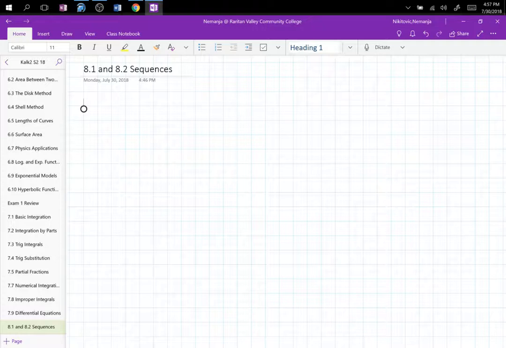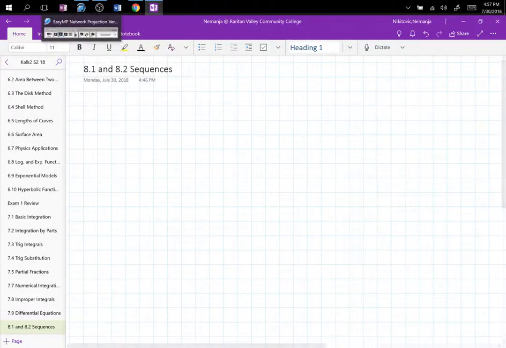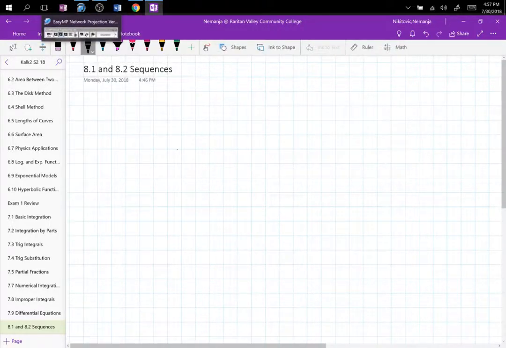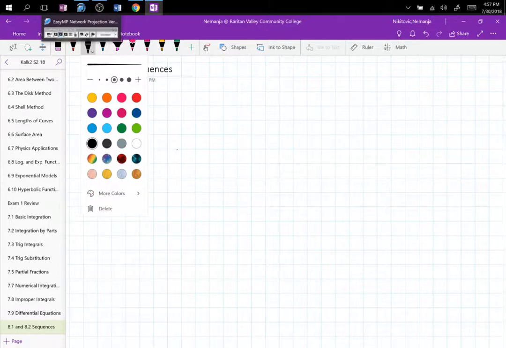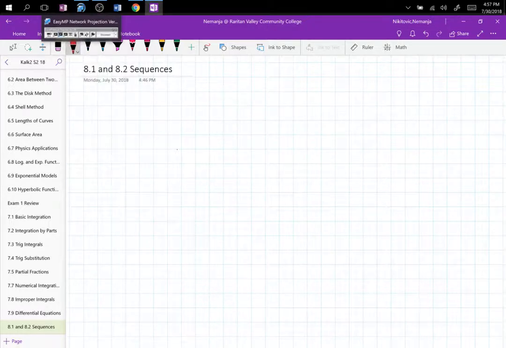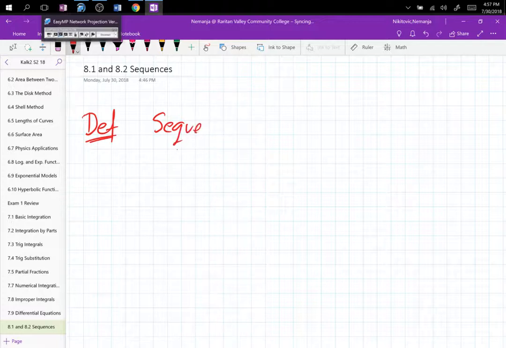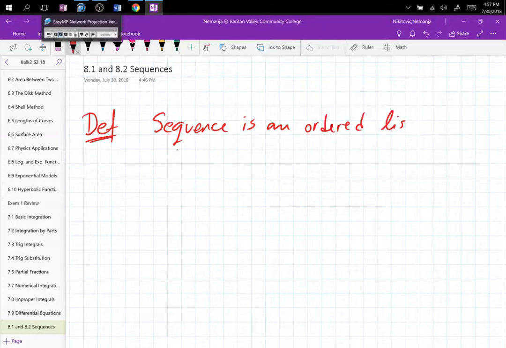with the definition. A sequence is an ordered list of numbers.